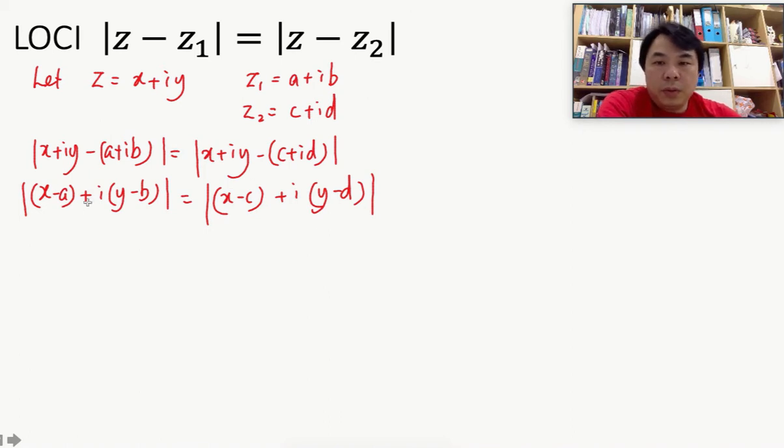Alright, now basically both of these look like a distance, sort of like a distance from a point to these two points in relation to this locus here. So take for instance, I will roughly make assumptions here. We have a z1 over here, we have a z2, two points on the Cartesian coordinates.